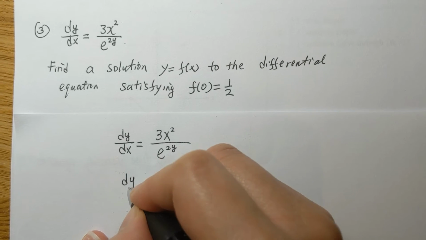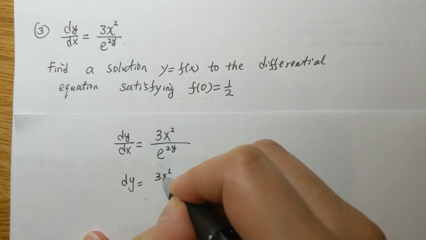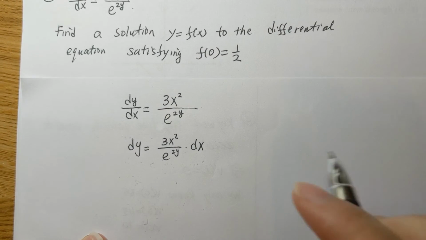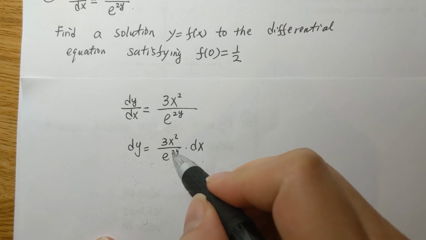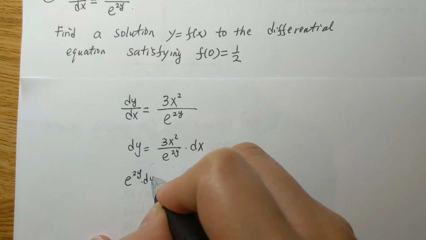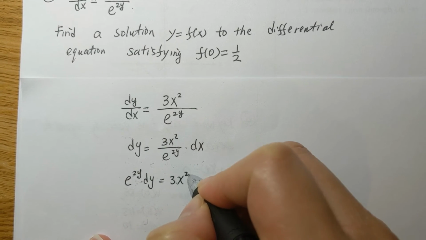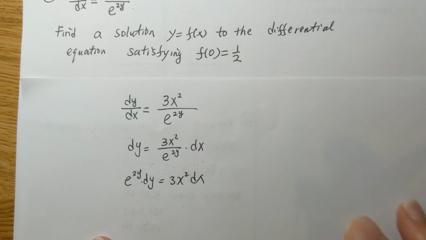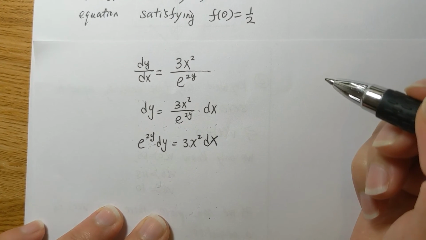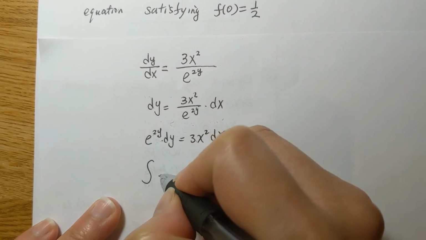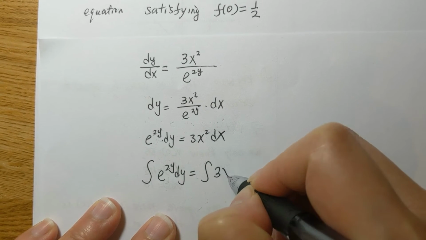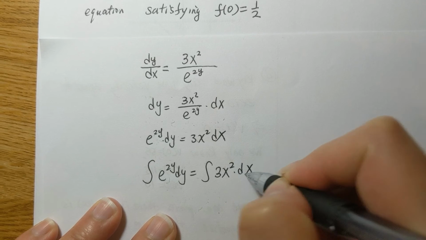Let's do this step and see if you see what I see. And then I want to eliminate the e to the 2y, so I have to multiply to this side. So basically it comes from the cross multiply. You can do it in one step. So now we do the integral of e to the 2y dy equal to the integral of 3x squared times dx.